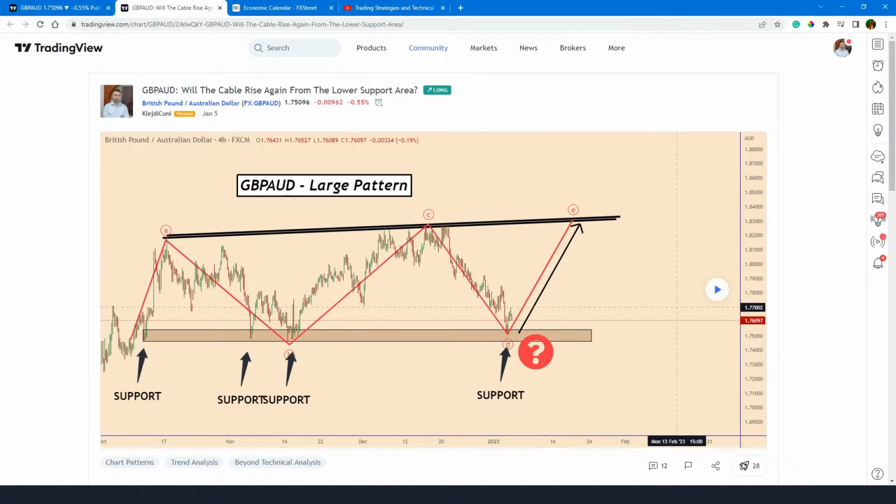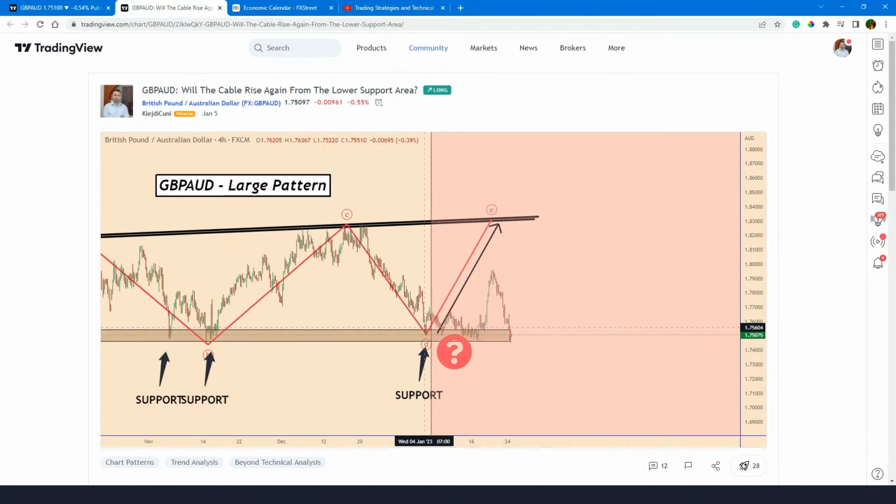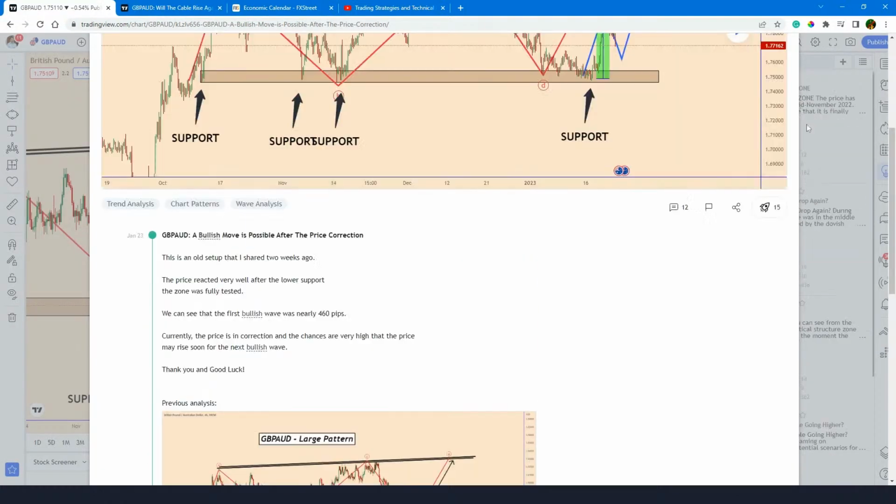Price tested the support area, and after that we had some correction and the price increased. The low near the support was 1.75 and it increased by approximately 450 points. So a very big price increase in this wave, and after that we can see that price came down again.